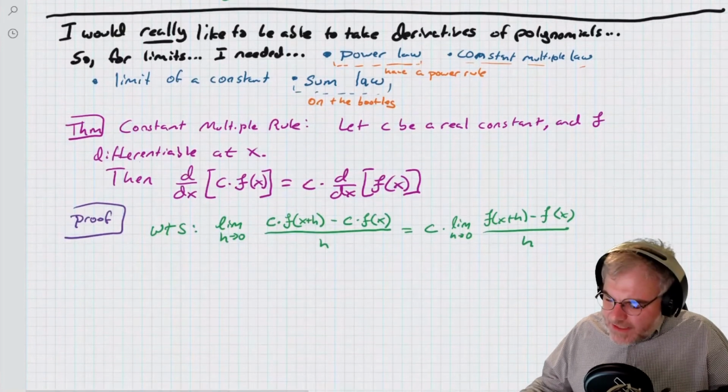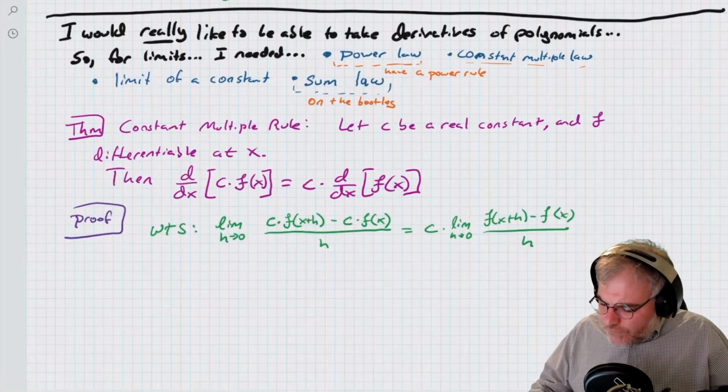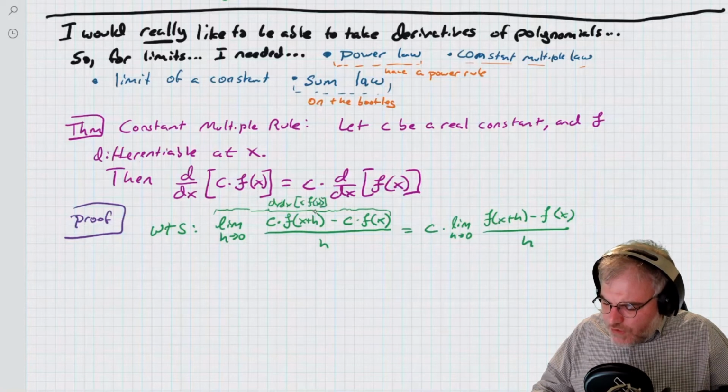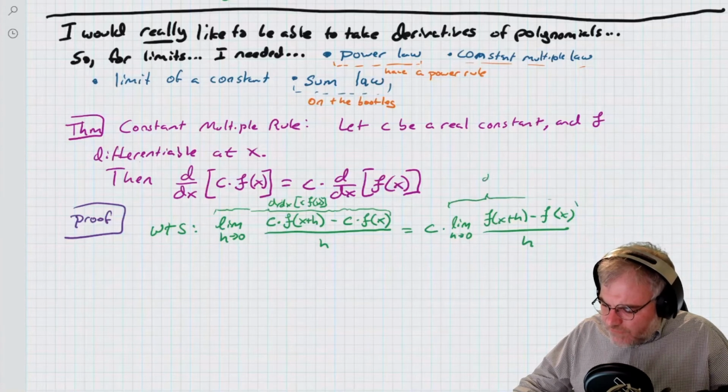All right. The key to this proof is that you have to know that this right here is d over dx of c f of x. That's the definition of d over dx of c f of x. And this right here is the definition of d over dx of f of x.